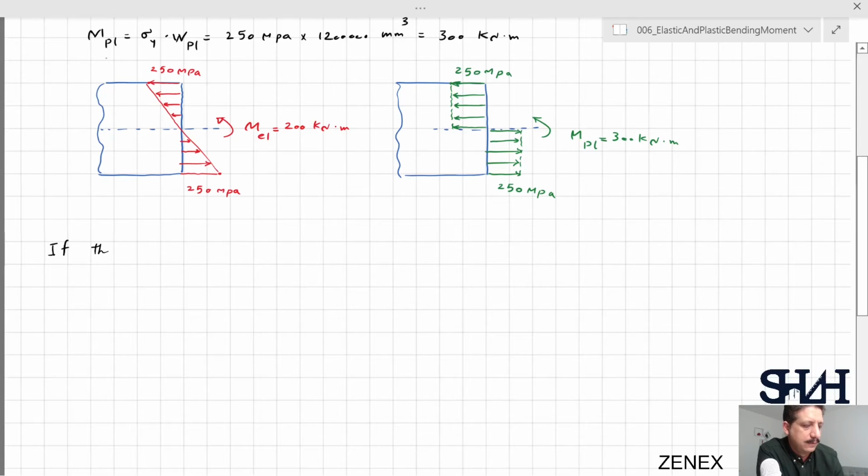So now our question is, if the moment is 250 kilonewton meter, what is the plastic depth of the cross section?